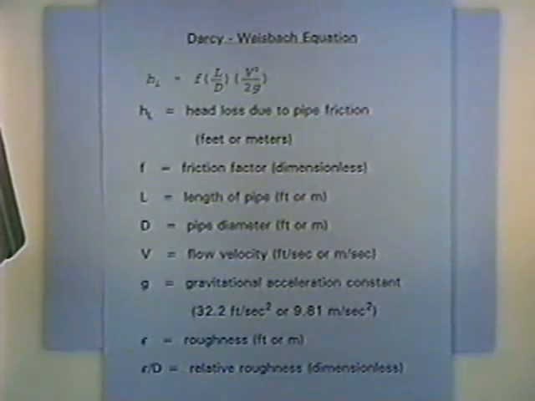The flow characteristics are represented by the Reynolds number. The pipe characteristics are represented by the roughness of the pipe. And so this little epsilon is pipe roughness.